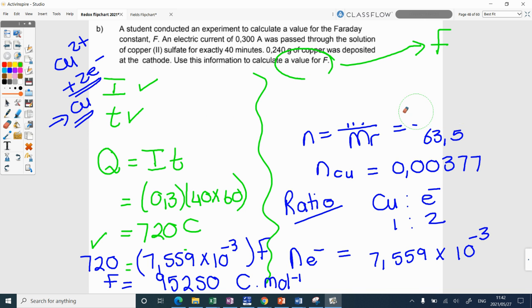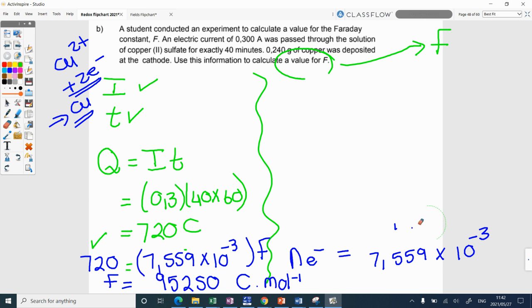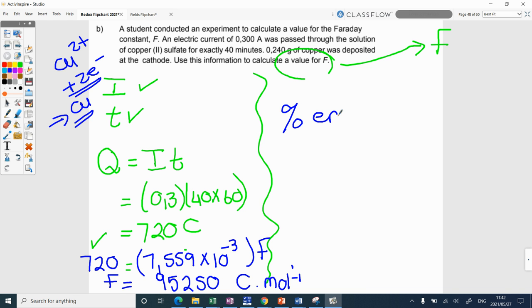Okay, so if you're going to do that, please remember it's always easier to get your percentage uncertainty first. So he's wrong by how much? To get the percentage error, you're going to say, okay, he got this value, he should have got the 96,500.